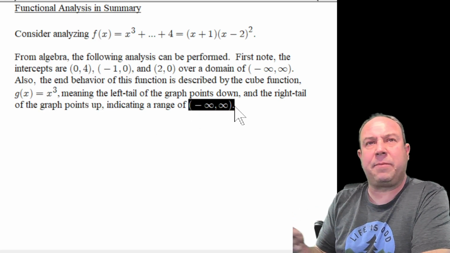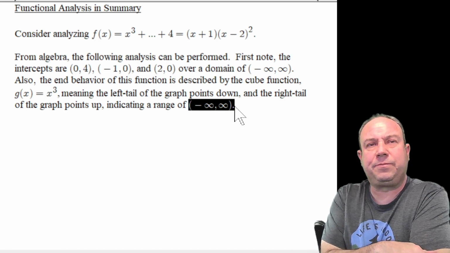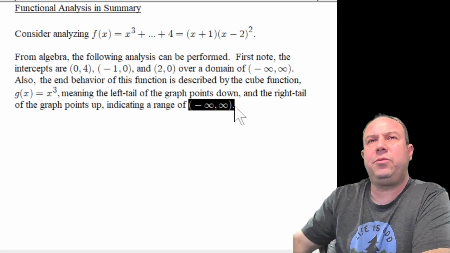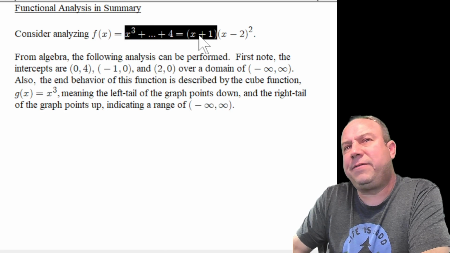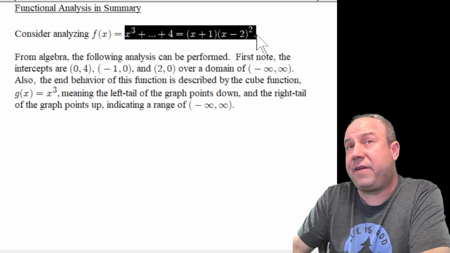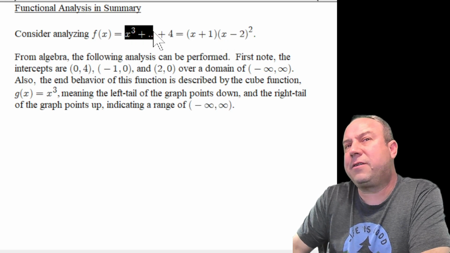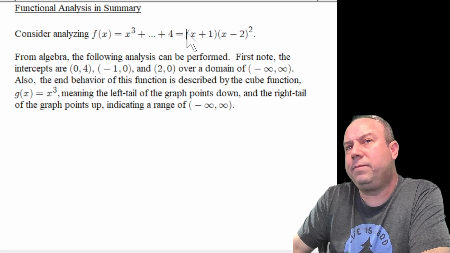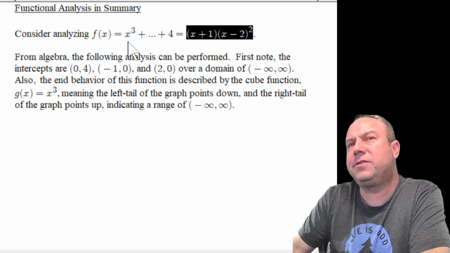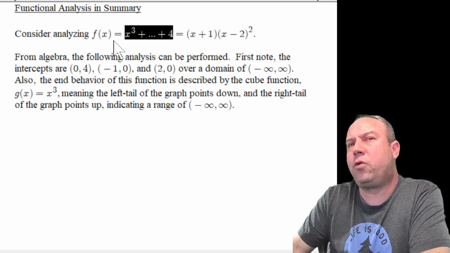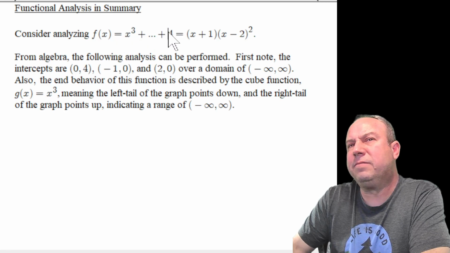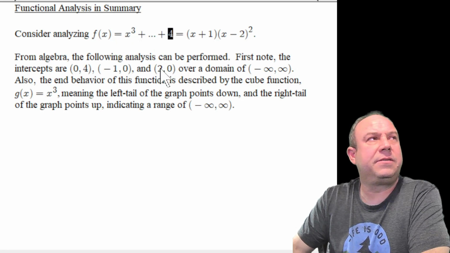All that is information we get from just analyzing the function f of x. The factored form will give me my x-intercepts. The unfactored form will reveal to me the end behavior and my y-intercept.